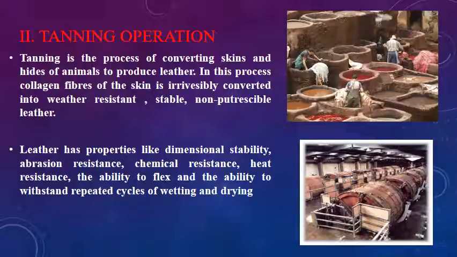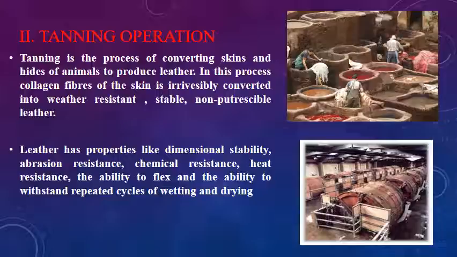Now it is about the tanning operation, that is the actual tanning. Tanning is the process of converting skins and hides of animals to produce leather. In this process, collagen fibers of the skin are irreversibly converted into weather resistant, stable and non-putrescible leather.